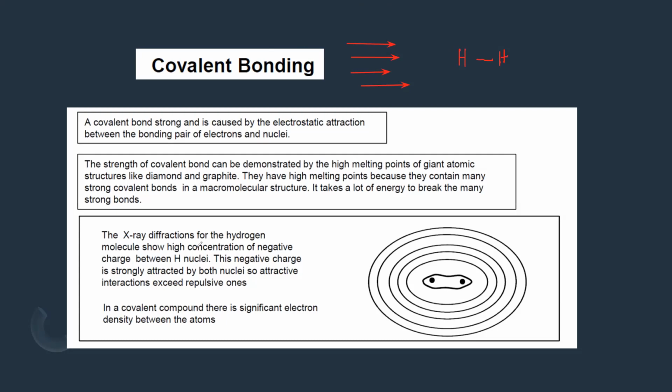The X-ray diffraction of hydrogen shows a high concentration of negative charge between the nuclei. So what it shows is that there is a greater density of electrons between the two nuclei.